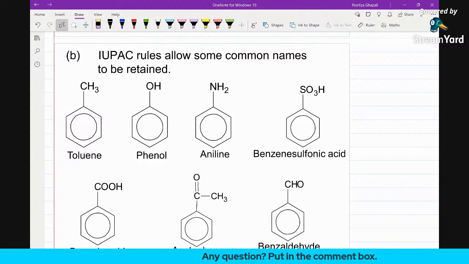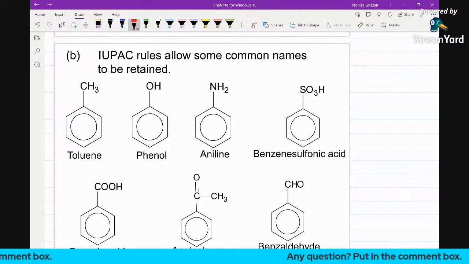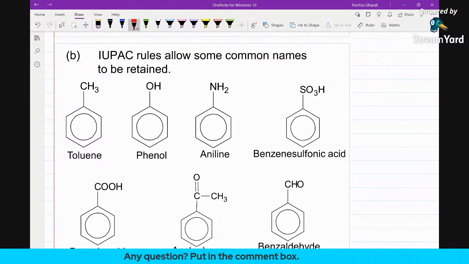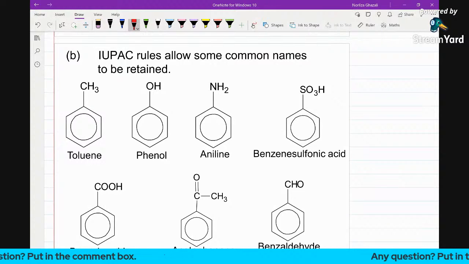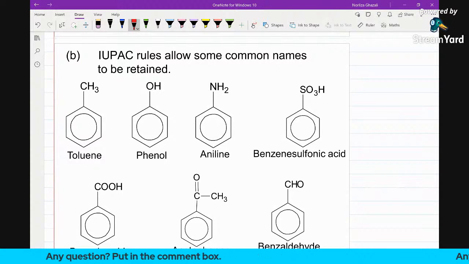So you can see that the combination of benzene and methyl, we give the name toluene. Okay, hydroxy and benzene become phenol. Amino, NH2 and benzene is aniline. SO3H and benzene, the name is benzenesulfonic acid.